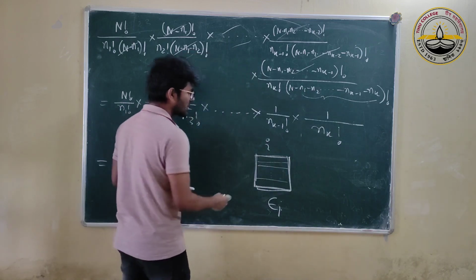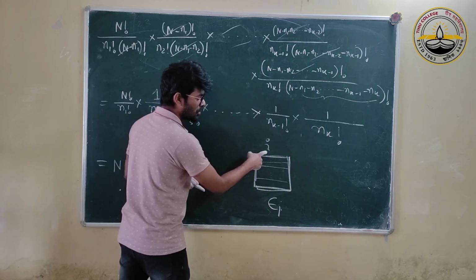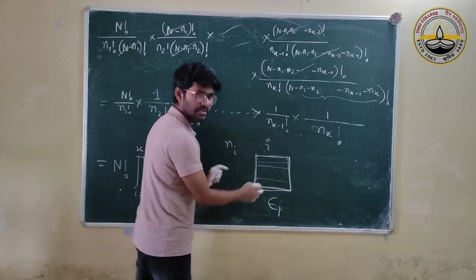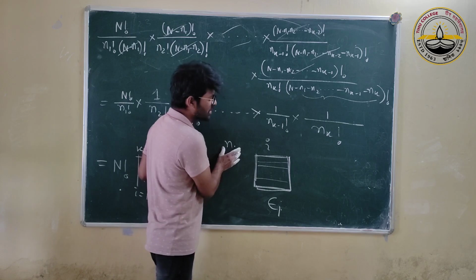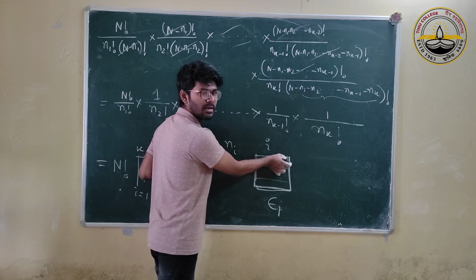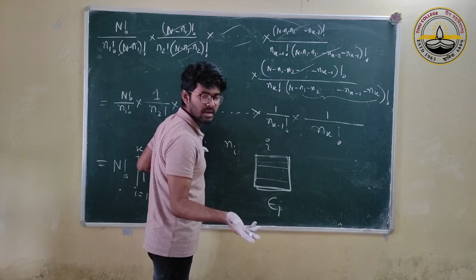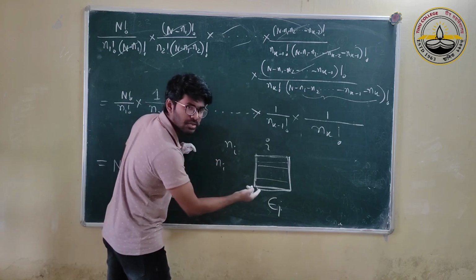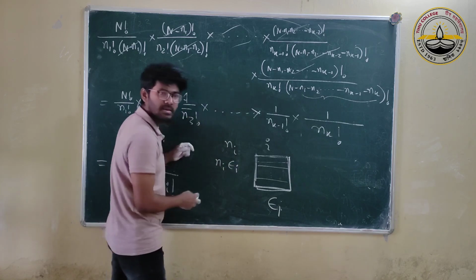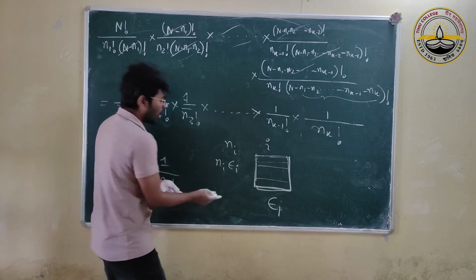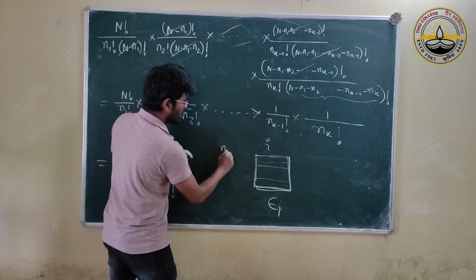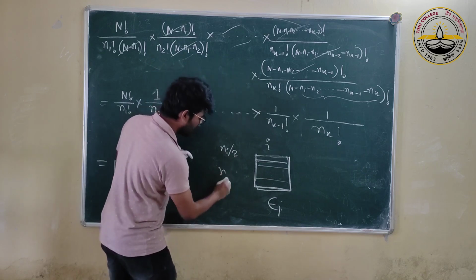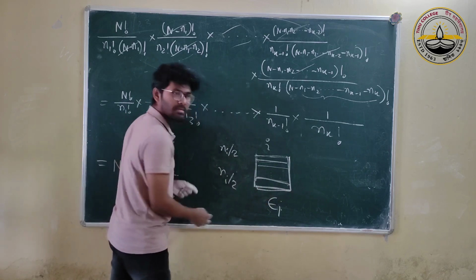So what that means is, how many balls go into this box? Ni number, right? To the ith box. You can put all these Ni in the first cell. That will be okay. How much will be the energy? Ni times the energy of each ball, which is Ei. Or I could take half of them in the first one and half of them in the last one.